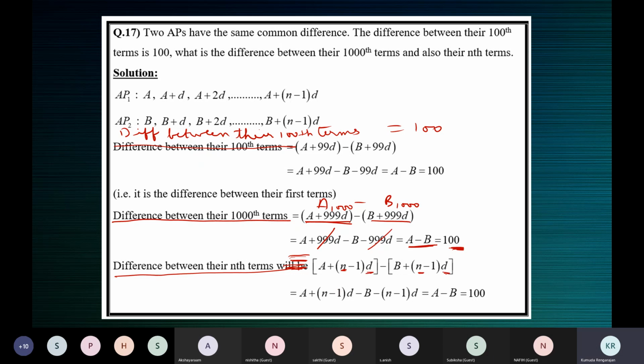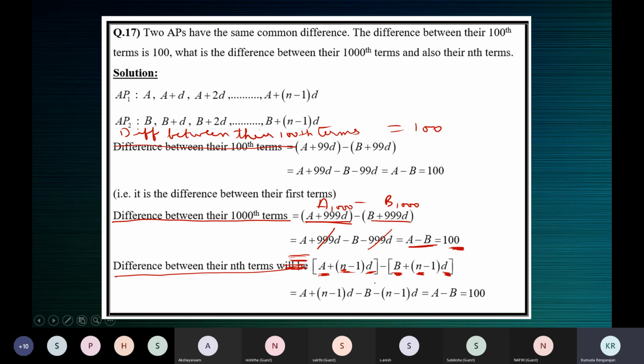The common difference is the same in both, which is D. The first term here is A, the first term here is B.